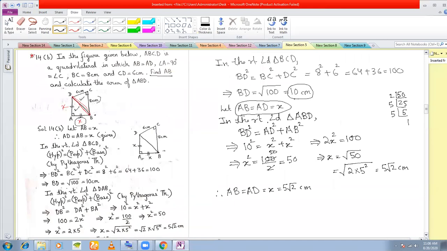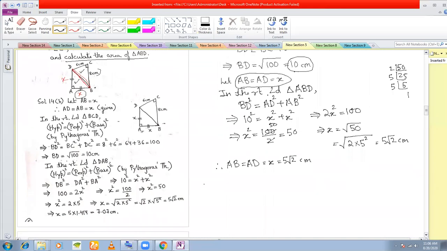Find AB, and next part was calculate the area of triangle ABD. Therefore, area of triangle ABD is equal to half into base into height.